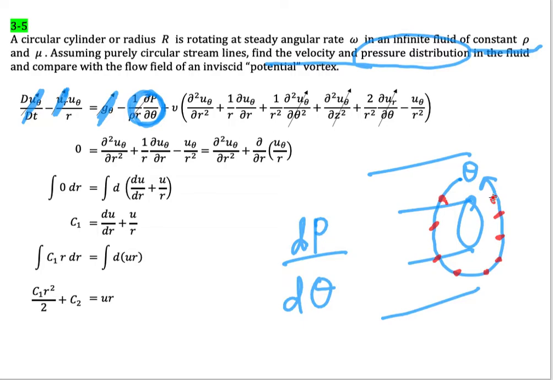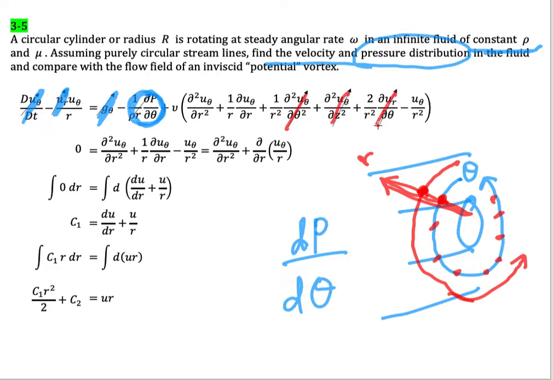If you have another theta, for example another track here, maybe it is different: the pressure here and here is different. But to say the difference of this pressure, we need dP dR because the change is in the R direction.